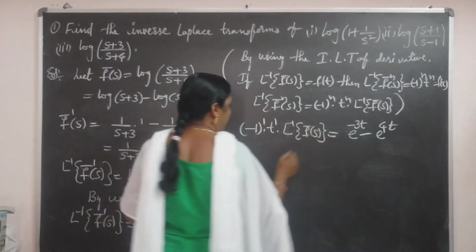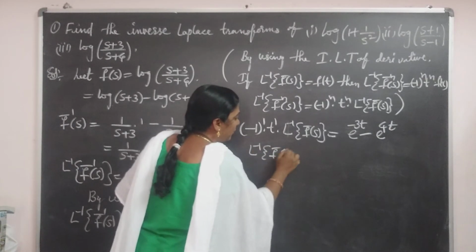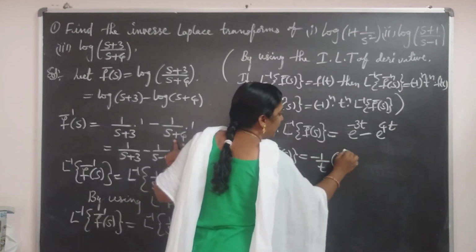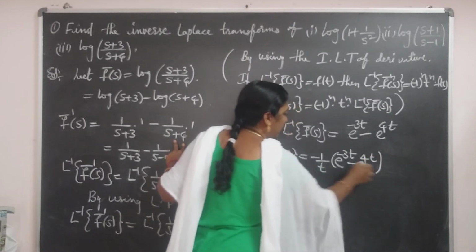Taking this minus t to the left side, L inverse of f bar of s is equal to minus 1 by t into (e power minus 3t minus e power minus 4t).